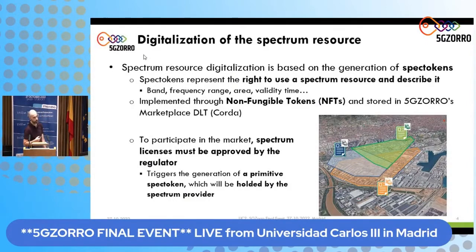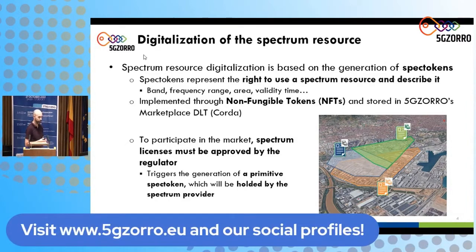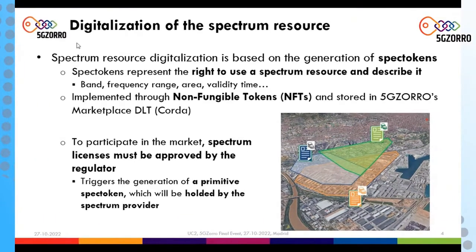In order to participate in the market, the spectrum providers need to get their real licenses accepted by the regulator. This triggers the generation of a primitive spec token that represents this license. And then the provider is able to go to the market and trade.